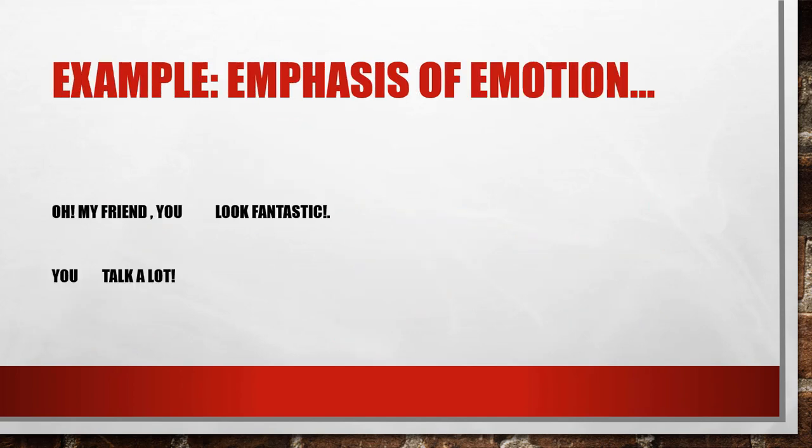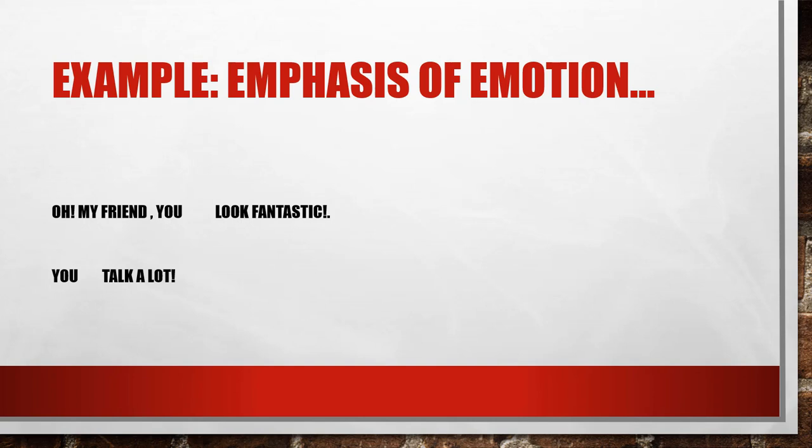Example, emphasis of emotion. I have right here two sentences that are grammatically correct if you say them to someone else. For example, "Oh my friends, you look fantastic," or "You talk a lot."